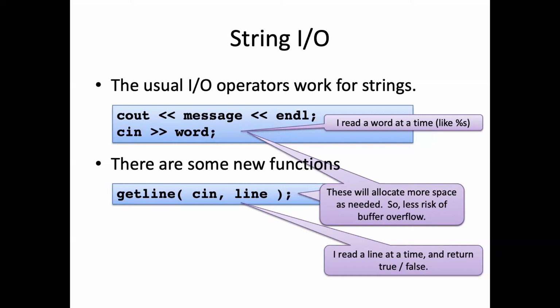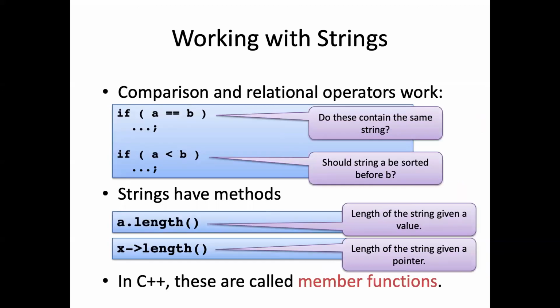So here I'm trying to show stuff you can do with a string. They overloaded the relational operators so that they compare strings, and they do a deep comparison on strings. So if you say, does A equal B? That'll evaluate to true if those two strings contain the same string. You don't have to call a method to do this.